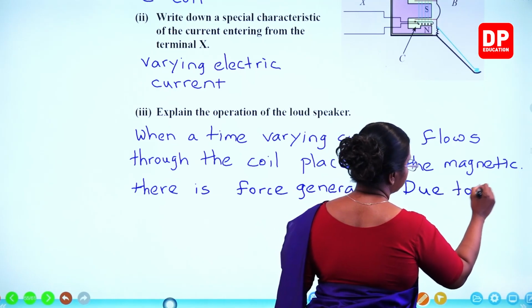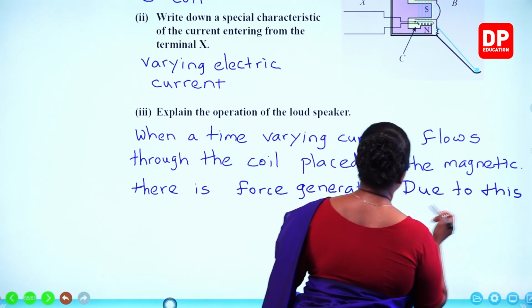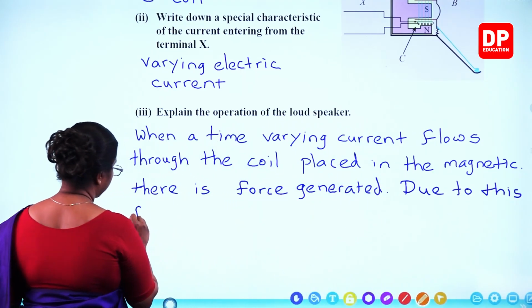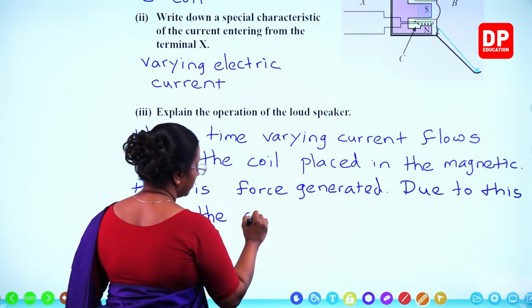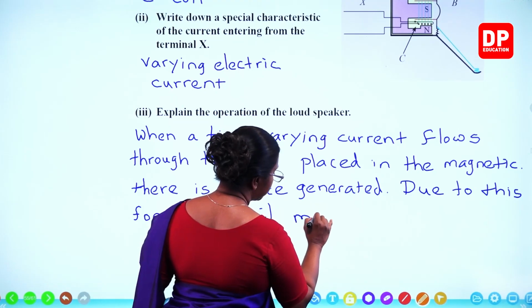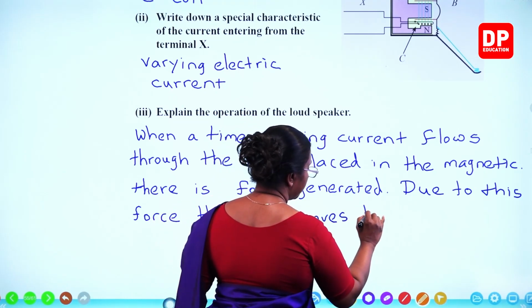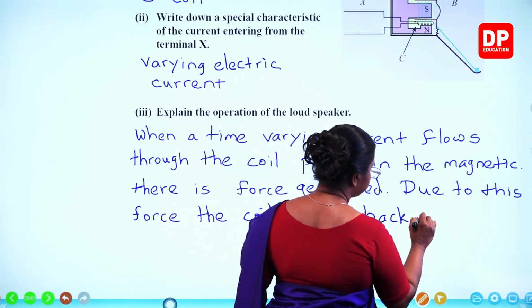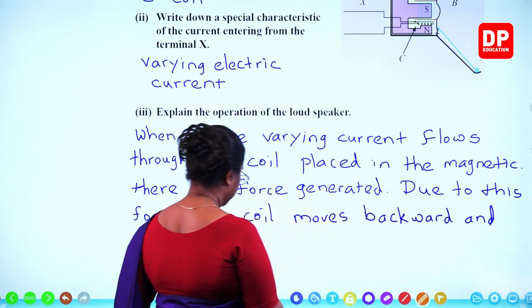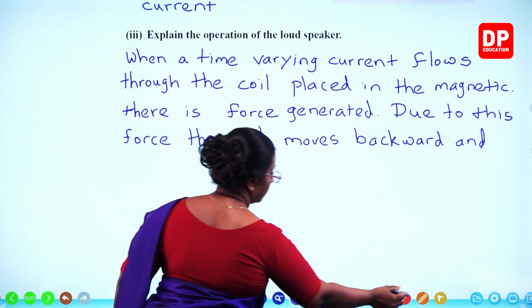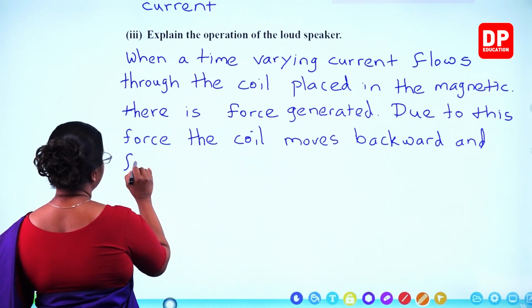Due to this force, the coil moves backward and forward.